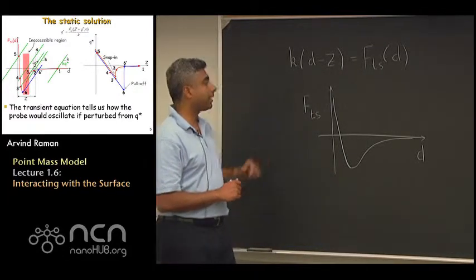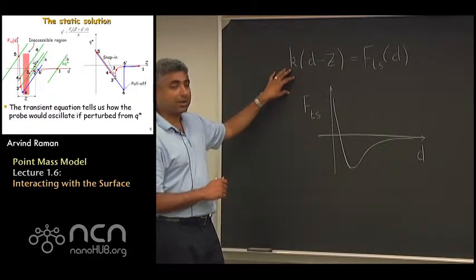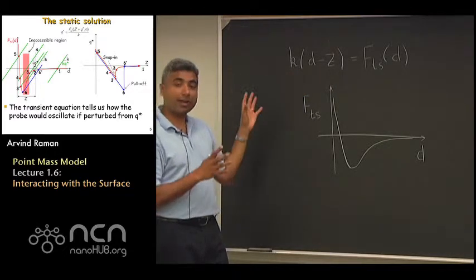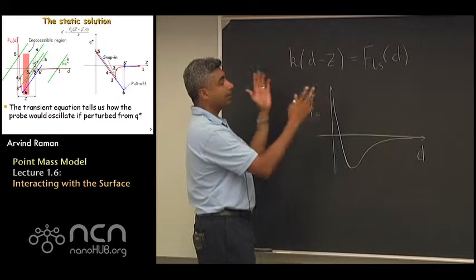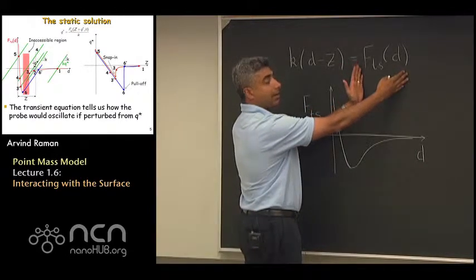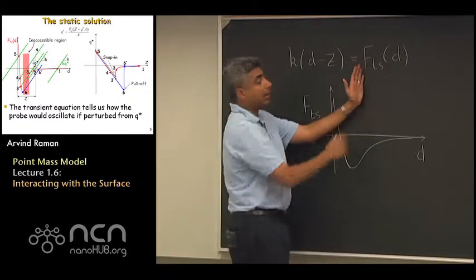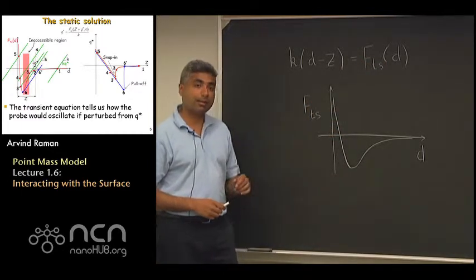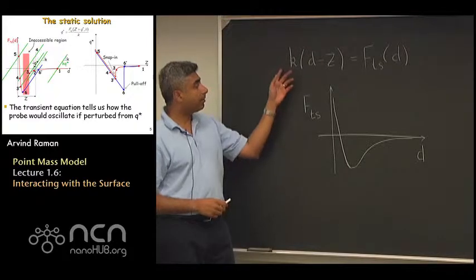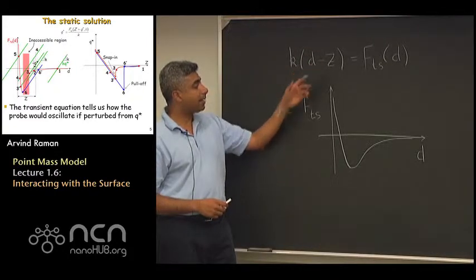In order for a value of D to satisfy this equality, we can graphically look at it as the intersection of 2 graphs. One graph is that of the tip sample interaction force as a function of D, which is drawn here for a canonical situation. The other is simply the graph of k(D minus Z).